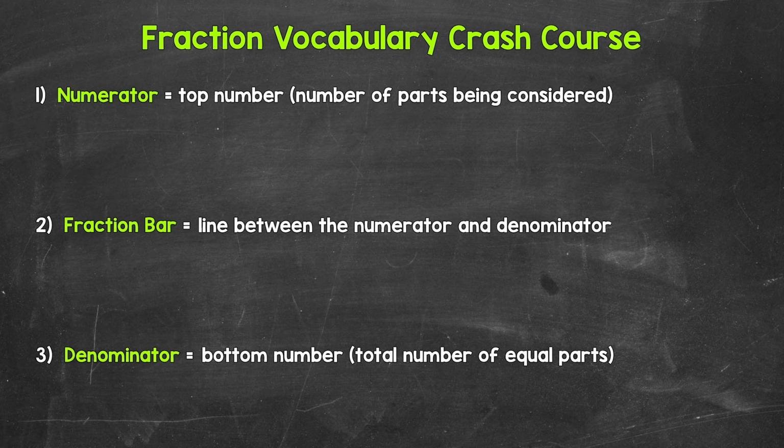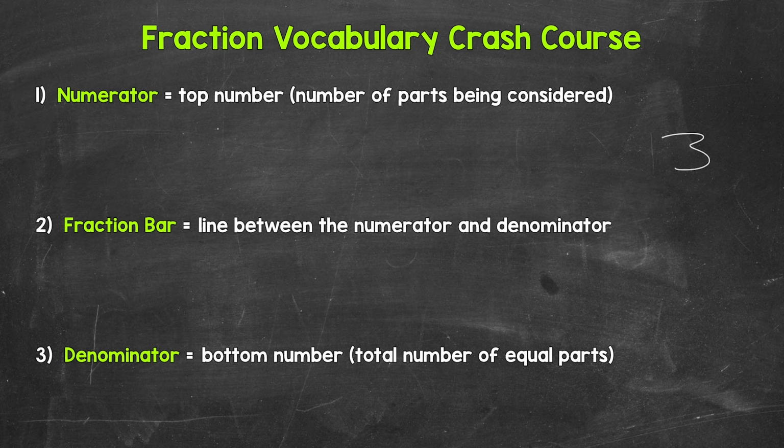Then the denominator is the bottom number and represents the total number of equal parts a whole has been divided into. And we can think down to remember denominator, so match the D's. And then if we remember what the denominator is, then we know the numerator will be the top.